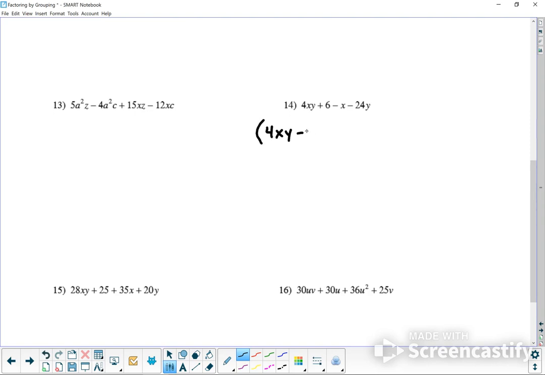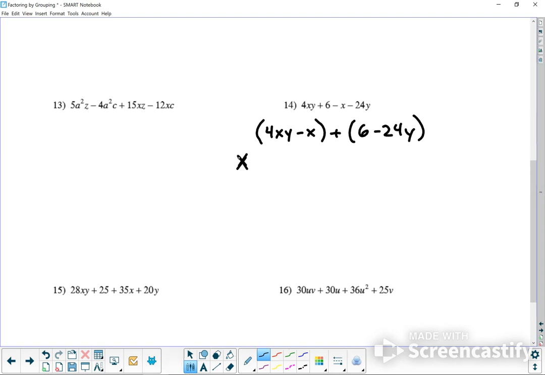So if we group it with 4xy minus x plus, and then we group it with 6 minus 24y. Okay, so like I was saying, if you factor out an x, we're left with 4y minus 1.